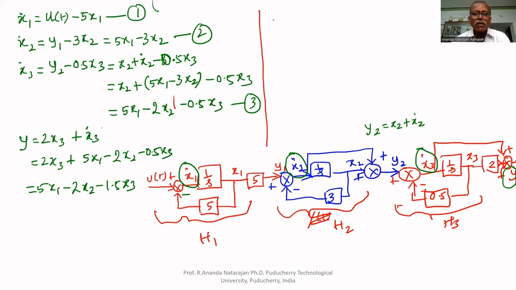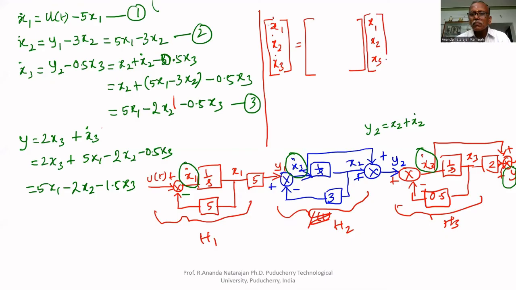If you put them in matrix form, you will get x1 dot, x2 dot, x3 dot equal to... x1 dot equal to 1 u of t, 5x1 minus 5x1.